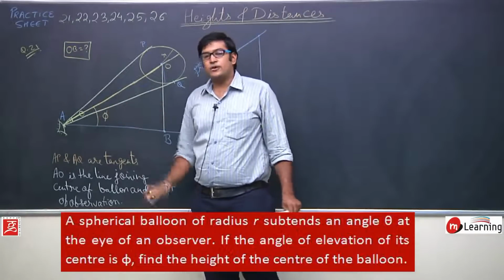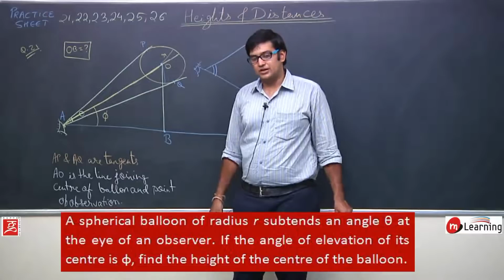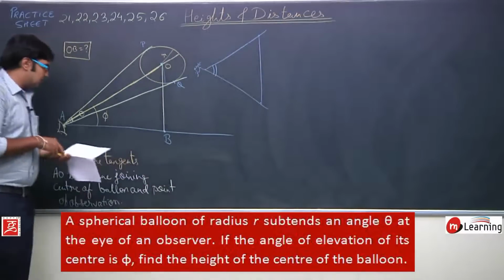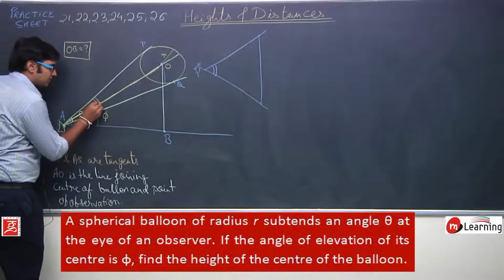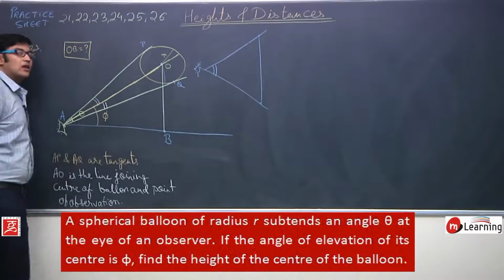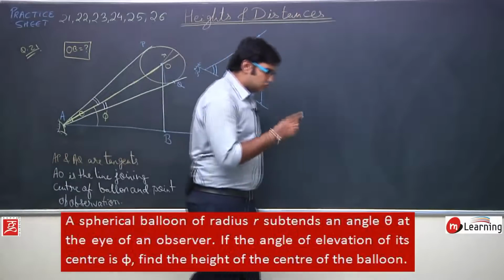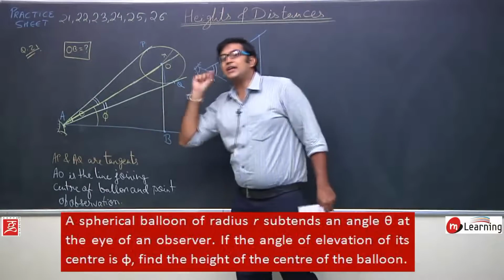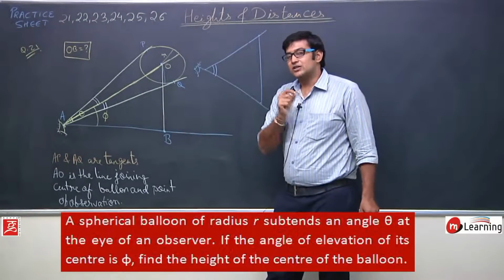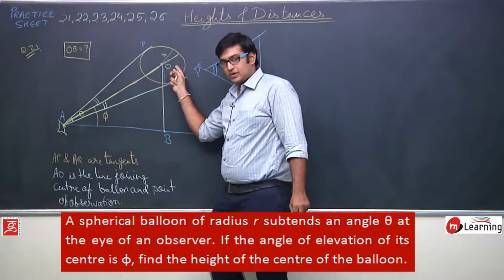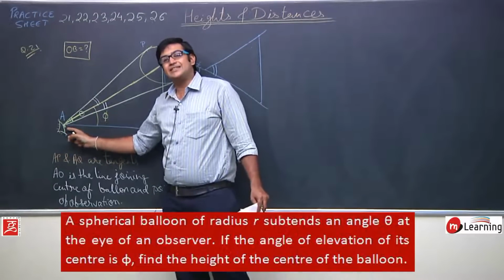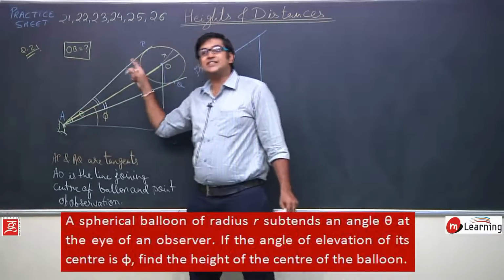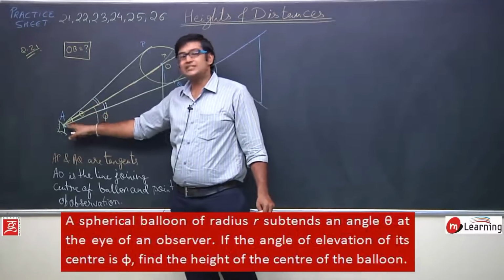Now by observing carefully, you have studied the circles chapter. By observing this diagram, I can say that angle PAO and angle QAO are equal. Why? It's because the line joining the center to the external point bisects the angle formed by the tangents drawn to this circle from this external point.